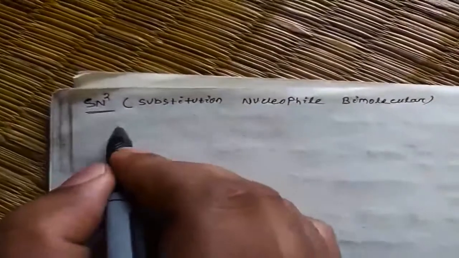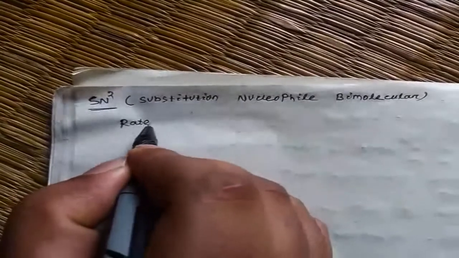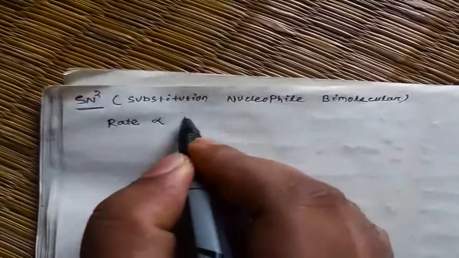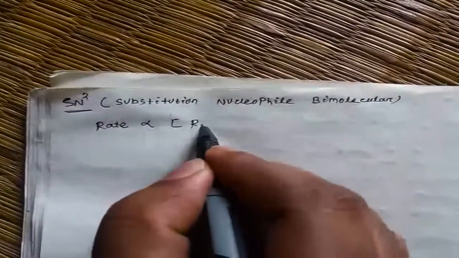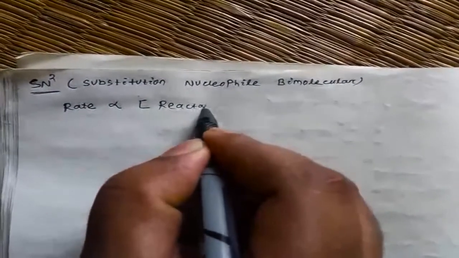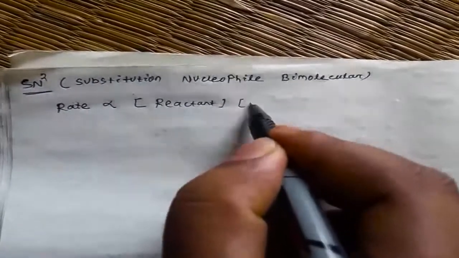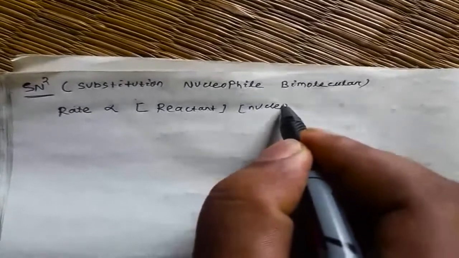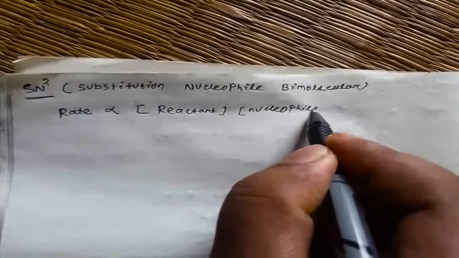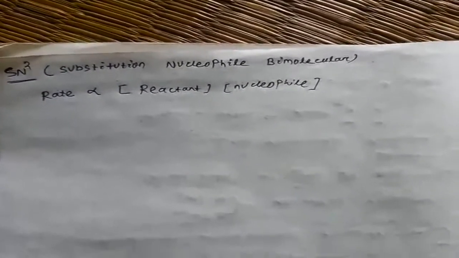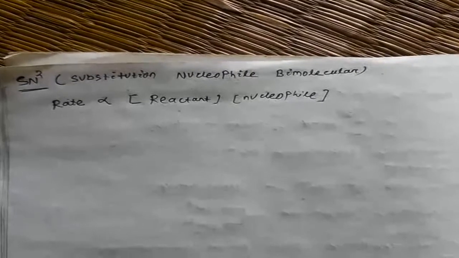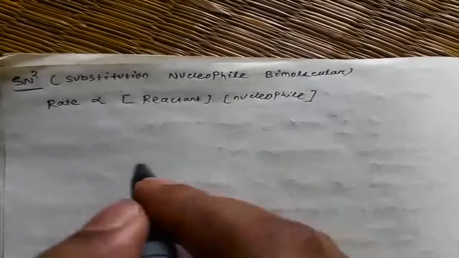SN2 reaction, substitution nucleophilic bimolecular. In this reaction, the rate depends upon both the concentration of reactant and nucleophile. But in the SN1 reaction, the rate depends only on the concentration of reactant. In the case of the SN2 reaction, the rate depends on both the concentration of reactant and nucleophile.